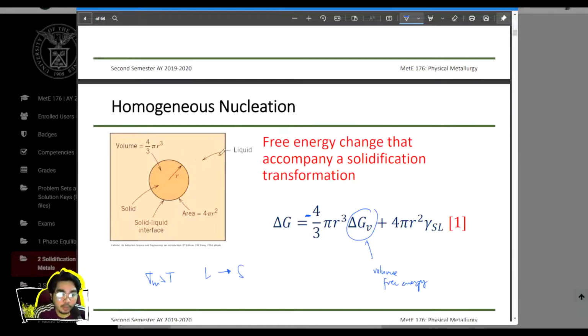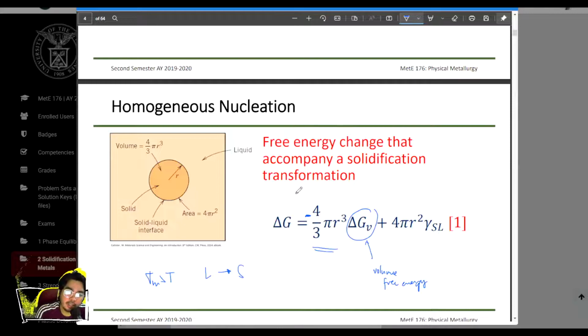So if we have something that looks like this, where you have a liquid and you have a solid, if we were to grow the solid, then increasing the volume of the solid will decrease the free energy, since from liquid, the volume of your solid increases. Okay? So as the volume of the solid increases, our overall free energy decreases further. So the volume free energy, since this is per volume, we multiply by the volume of this sphere.